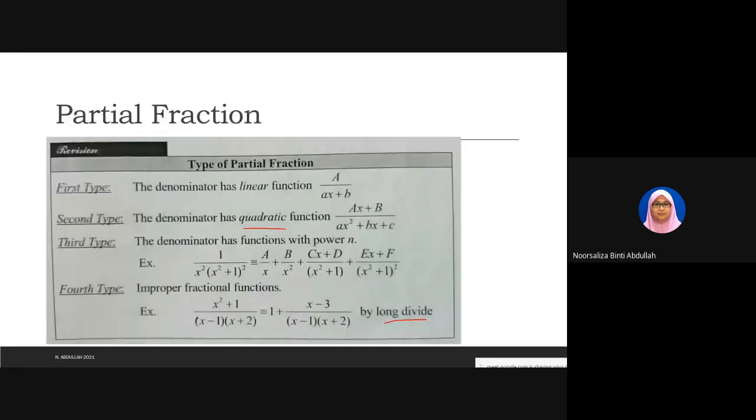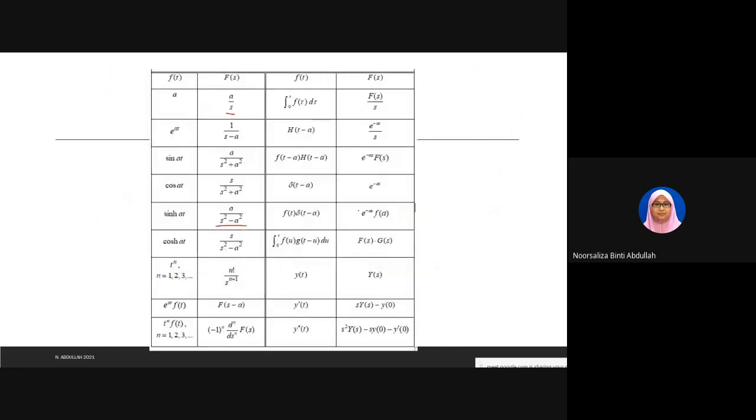1 over S square is this one. You have S square here, so S to the power n plus 1 equals S to the power 2. N plus 1 equals 2 and n equals 1. Then it's actually t.